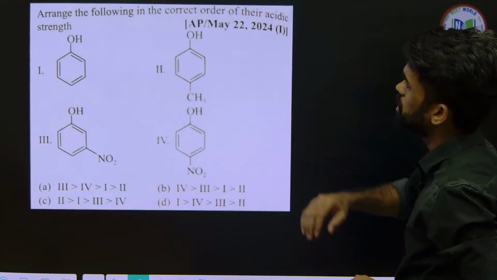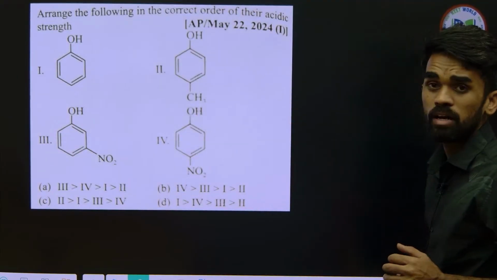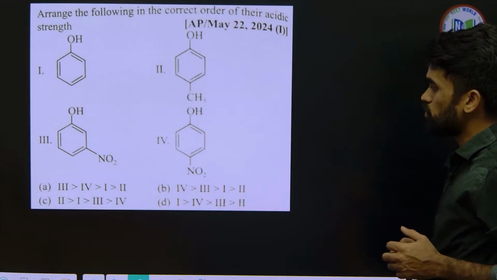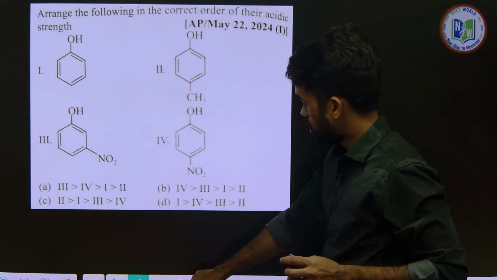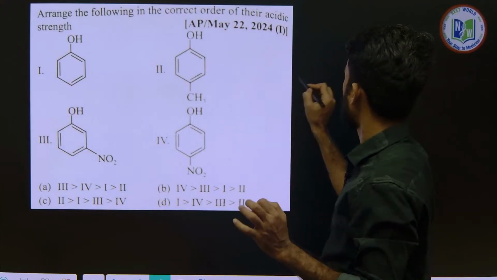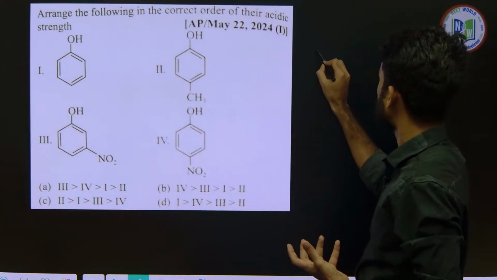Next, look at this question, correct order of acidic strength. For the given 4 options you need to give the order of their acidic strength. So which is more acidic, tell me, out of these 4? Remember, I will tell you one simple statement to understand or give the answer directly.